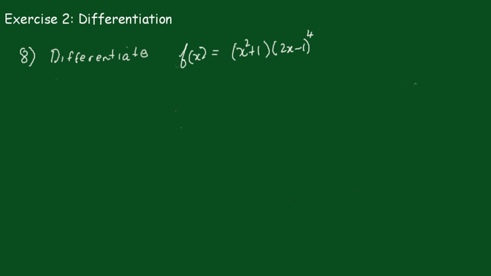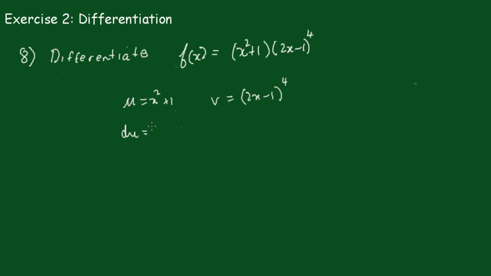Alright, in question 8, we have to differentiate this product. Now this is actually a combination of the product rule and the chain rule. So what I'll do here, I'll first of all let u equal x squared plus 1. So we're going to have u equals x squared plus 1, and v equals 2x minus 1 to the fourth.